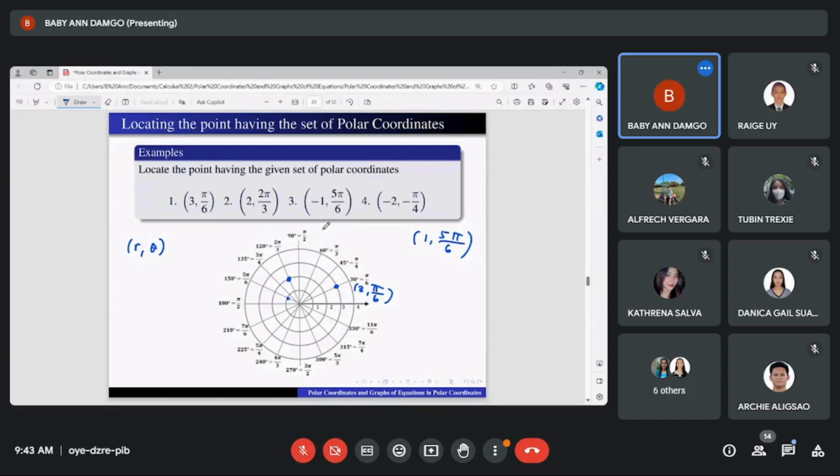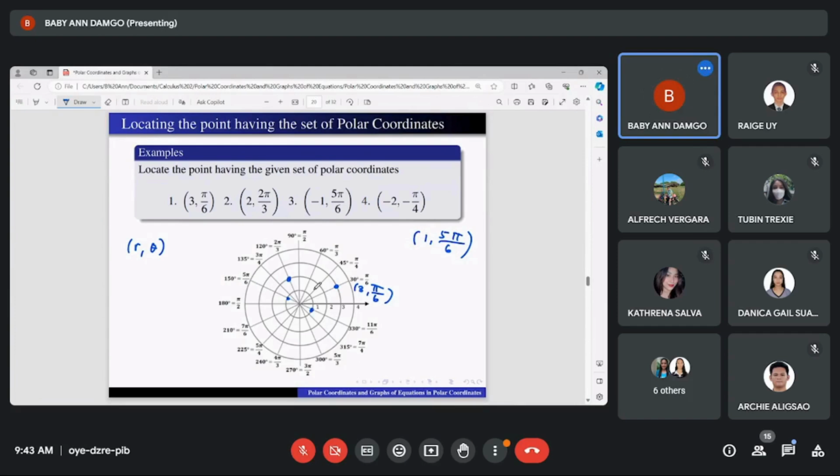Actually, class, locating it is just the opposite. So the negative 1, 5 pi over 6 is here. Okay? Remember, it is like a mirror. So if 1, 5 pi over 6 is here, the negative 1, 5 pi over 6 is there.